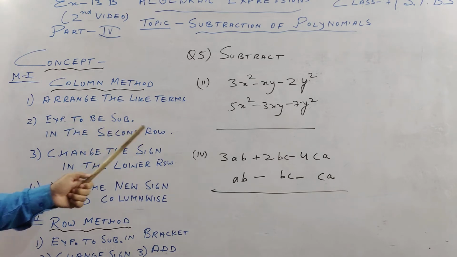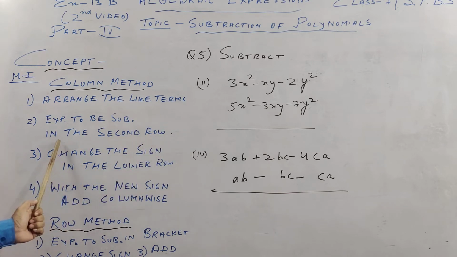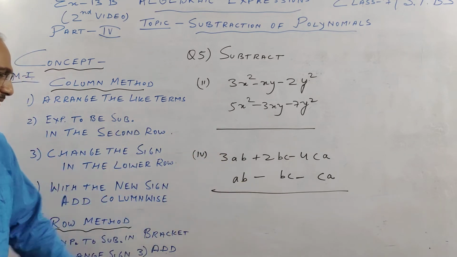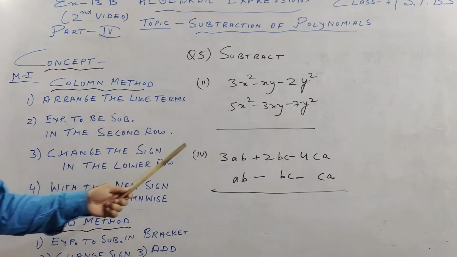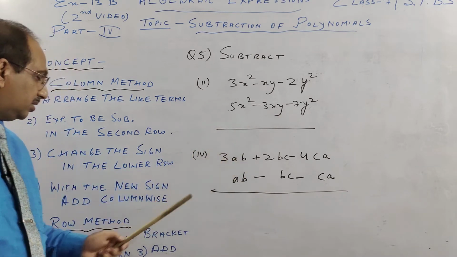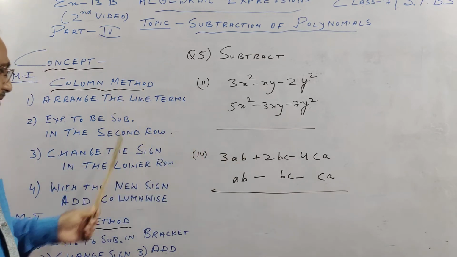The expression to be subtracted we write in the second row. So this we have to subtract. Change the sign. I'll show you on the lower one; that's why I've kept space over here. We have to change the sign, and with the new sign we add column wise. So this was about the column method.